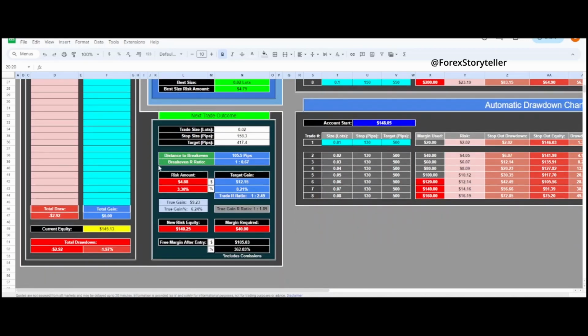This is going to break down the entire outcome of what's going to happen when I open that position, what's going to happen if I fail, what happens if I win, and then it's going to take into account the fact that I already have $2.92 of drawdown. It's going to also factor in the commission of this trade, and it's going to factor out that, okay, even though this trade made $12.15 at a gain of 8.21%, it's a 1.249 to 1 risk reward.